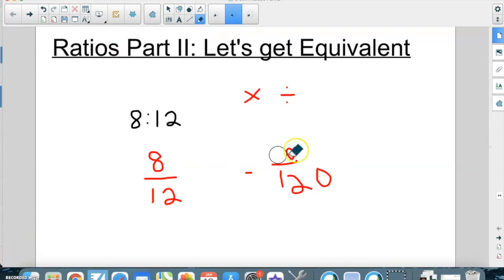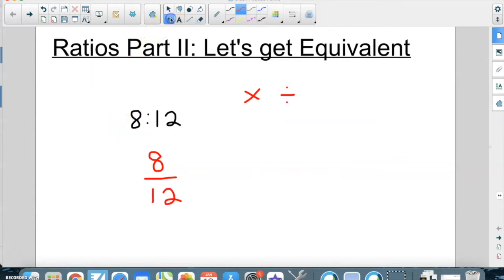Now let's try division. Now, division is a little bit trickier, obviously, because you want to get two whole numbers when you divide, right? So for this one, what are you thinking? What can you divide the top and the bottom by? It has to be the same number. Well, I'm guessing you probably picked either divide by 2 or divide by 4, right?